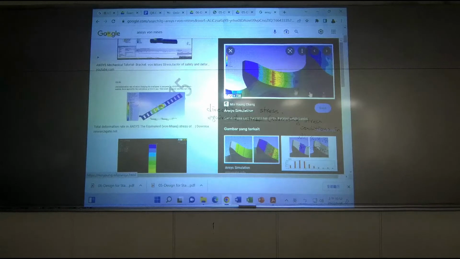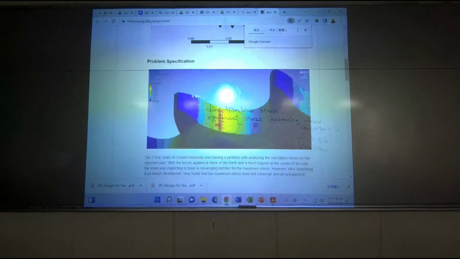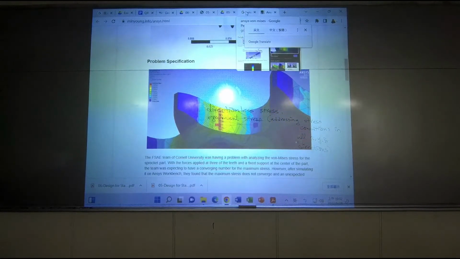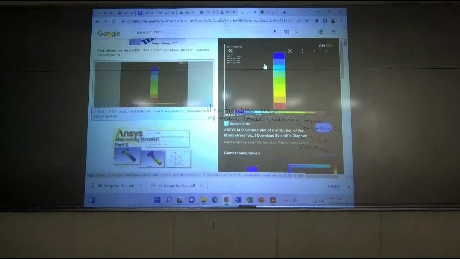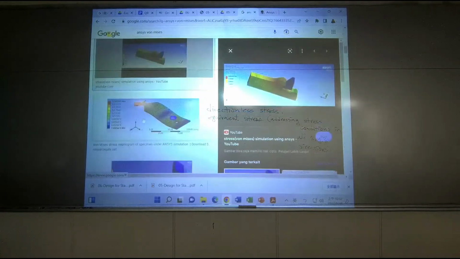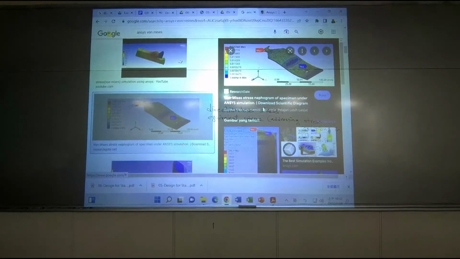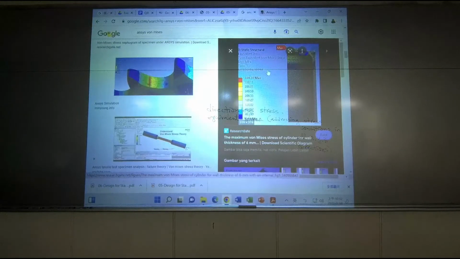Does it show? Too small, cannot tell. Trying to find a figure that shows here.